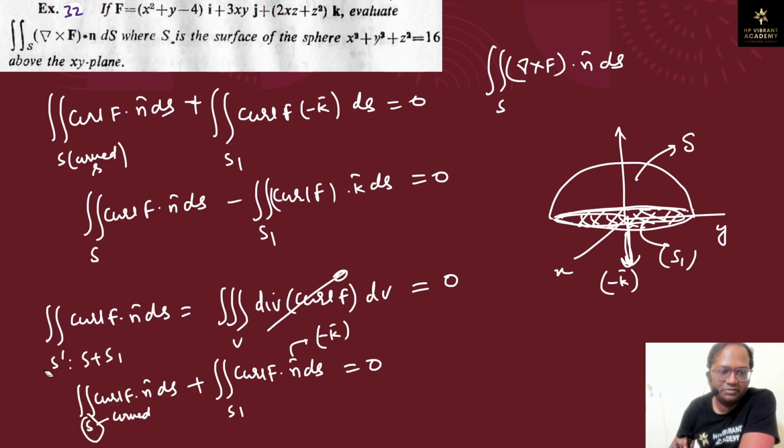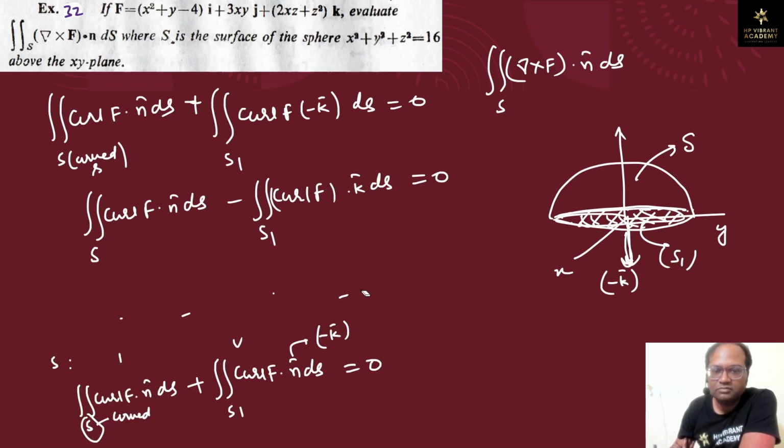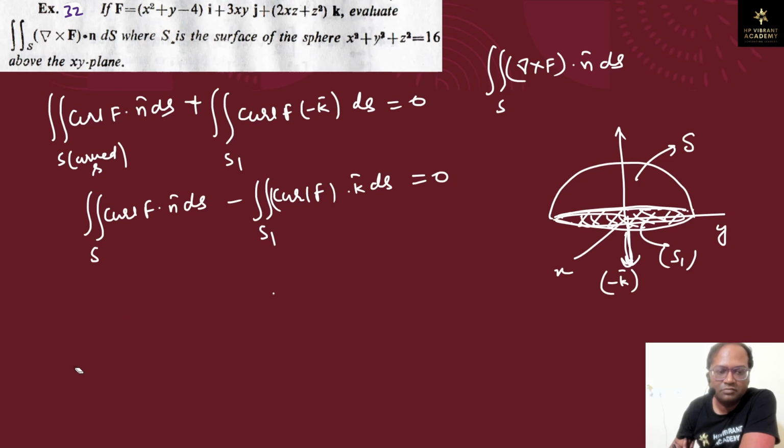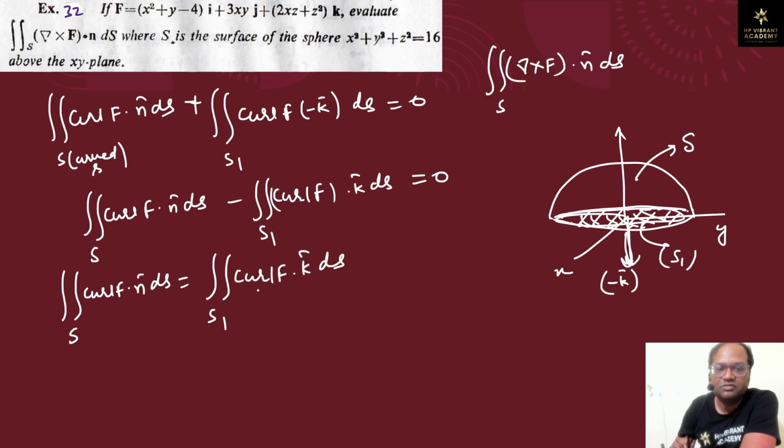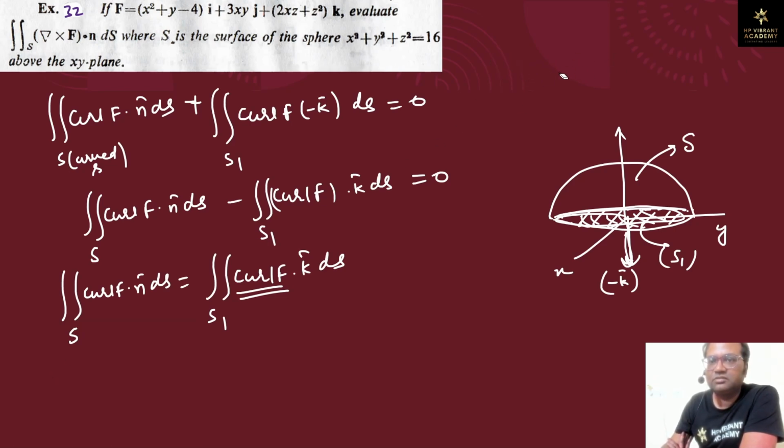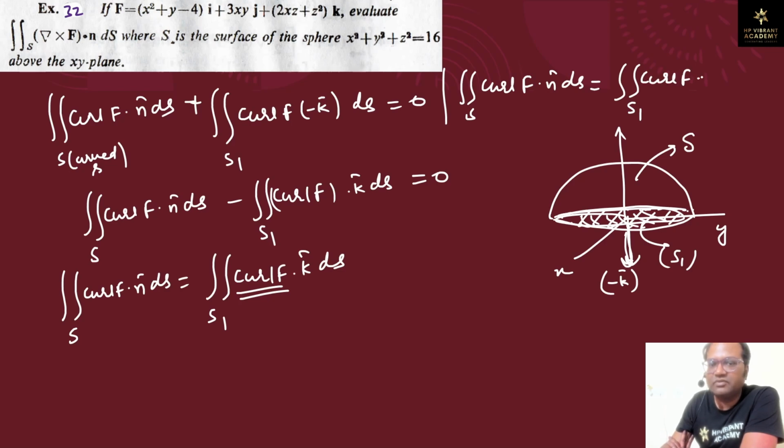This means the surface integral along the surface S of curl of f dot n cap ds is equal to the integral along S1, that is the planar region, of curl of f dot k cap ds. Okay, so let us calculate curl of f.